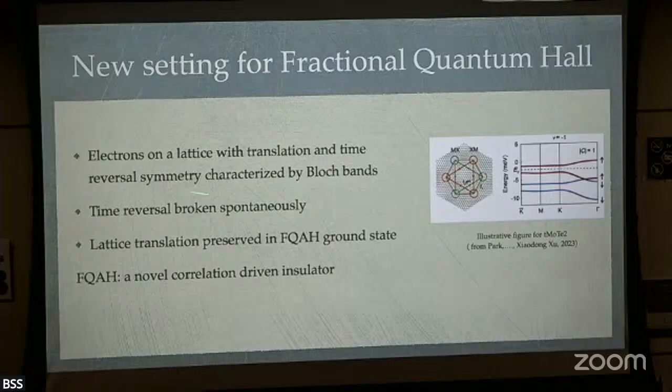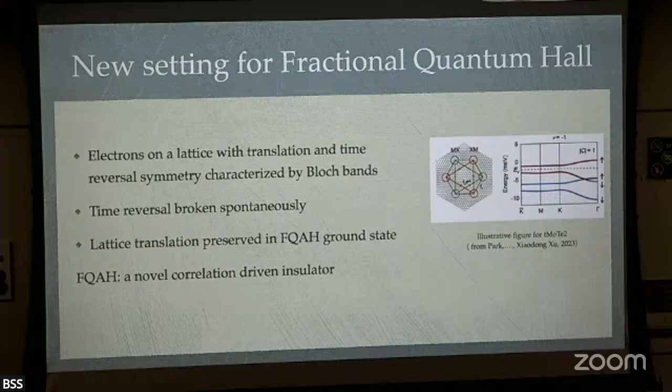Now, lattice translation, we don't know directly from experiment, but from theory, actually, Aidan Reddy is sitting somewhere here. He's done a lot of good theory on MoTe2. Whatever modeling people have done, it looks like lattice translation is preserved in the fractional quantum anomalous Hall ground state. It could have been broken, but you don't need it to be broken.